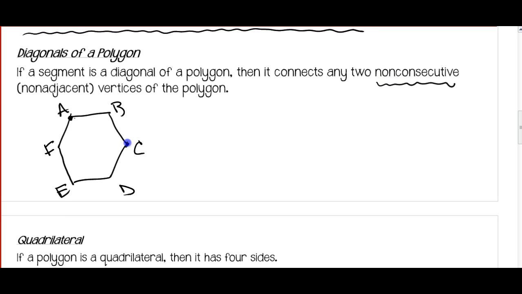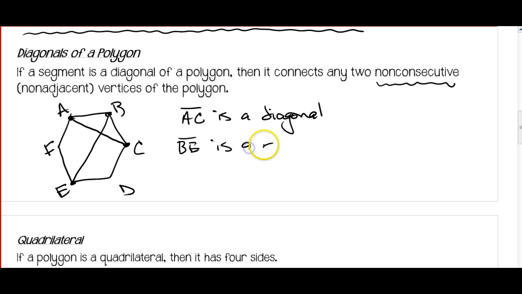So I could pick, for example, A and C. So segment AC is a diagonal. Okay, so I'll draw that in. I could also pick B and E and connect those, and that's a diagonal. So segment BE is a diagonal.